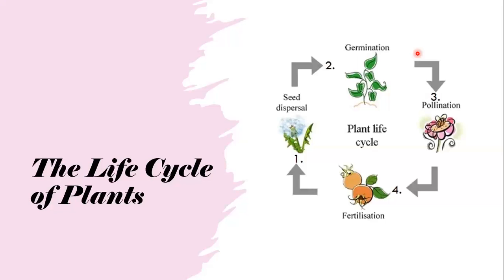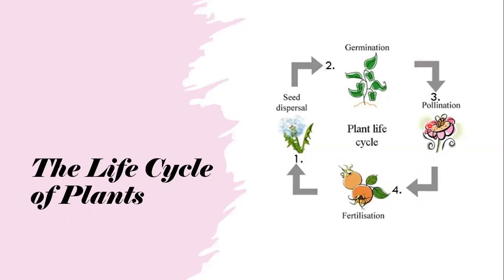One of the things they were talking about in the beginning was a tomato plant. A tomato plant has leaves, so it's one of those that's going to germinate with leaves or some type of flower. After it germinates, it's going to pollinate.